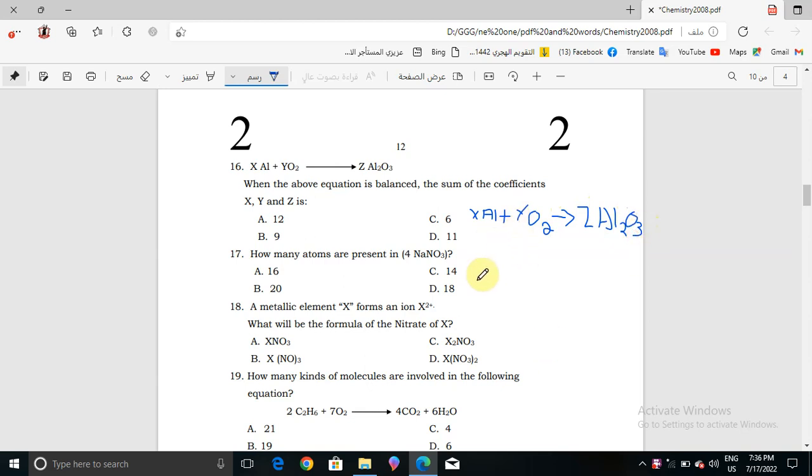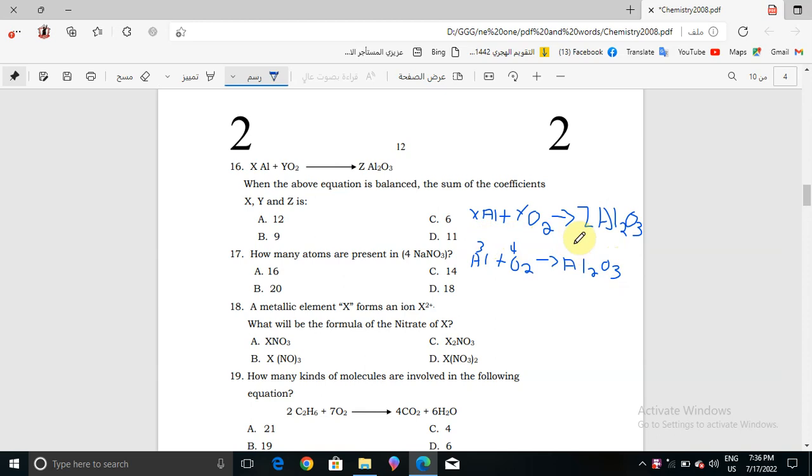Okay, what we will do here, first of all, to balance this equation, we have Al plus O2, which is equal to Al2O3. So here the valence number of aluminium is 3, the valence number of oxygen is 2, 2 times 2 it will be 4.